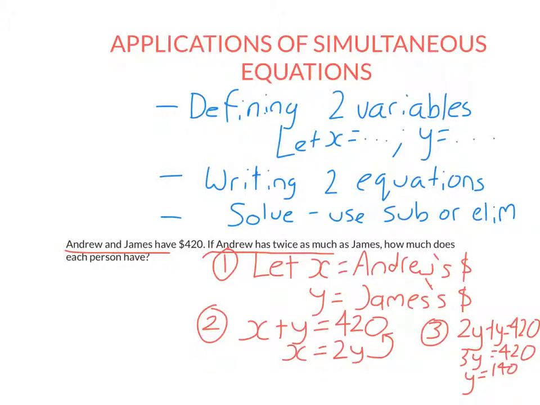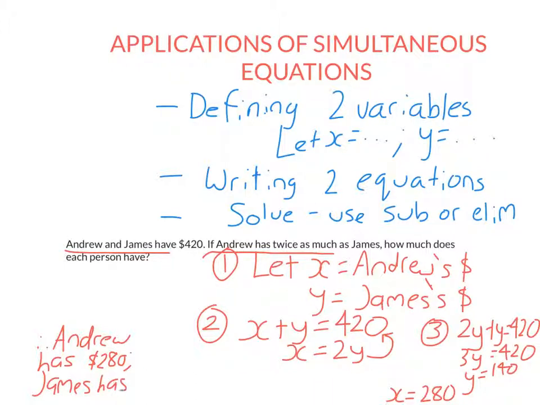So James has 140, and therefore Andrew has 2 times that, which is $280, okay? So you probably should write a worded answer to this worded question. So therefore Andrew has $280. James has 140. That's all you need to write, and we're done.